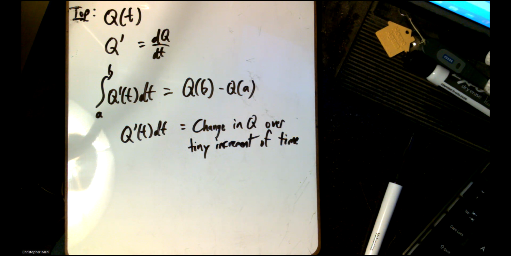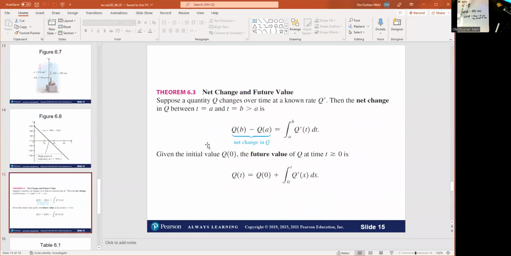So rearranging this, we get the net change and the future value for any quantity, not just position, any quantity that changes over time at a known rate Q prime. The net change in Q between t equals A and t equals B is Q of B minus Q of A, which is the integral from A to B of Q prime of t dt.